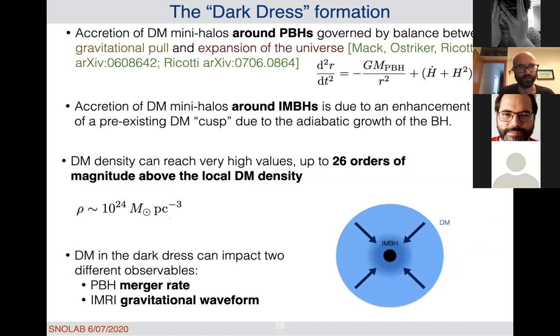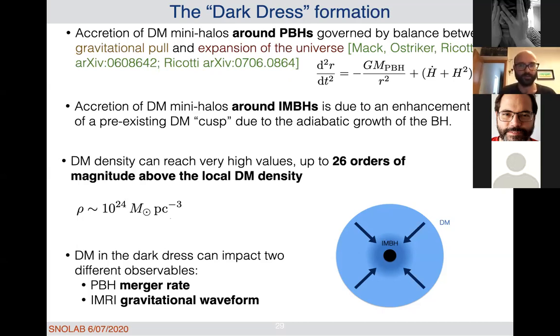Dark matter is pressureless, so it offers no resistance to being accreted. It behaves very differently from baryonic matter. So in order to compute how this dress is formed, you just have to balance the gravitational pull of the black holes and, in the very early universe, the expansion of the universe, the Hubble flow. And that's it. There's no pressure in the game.